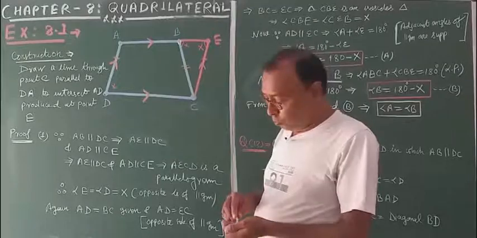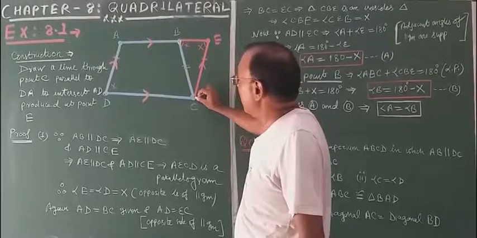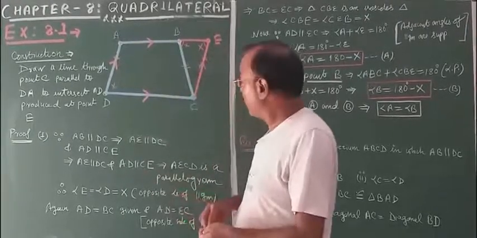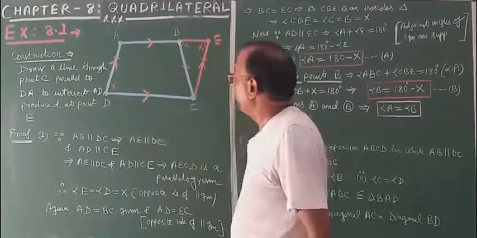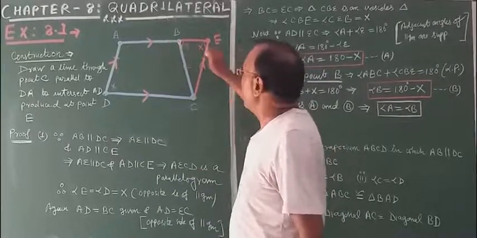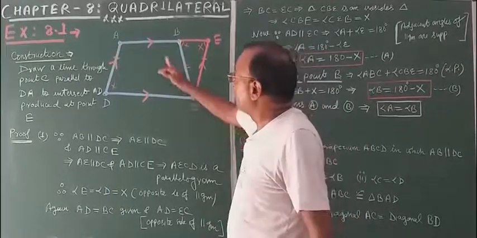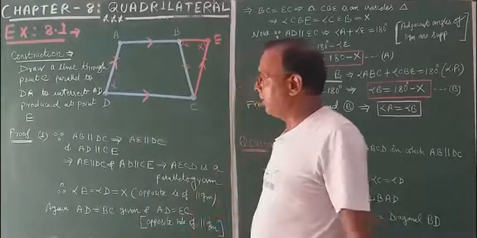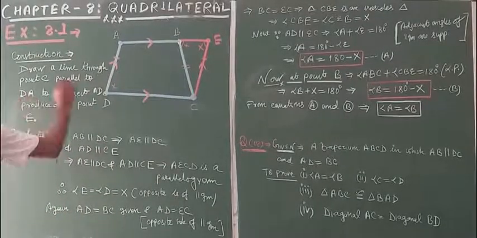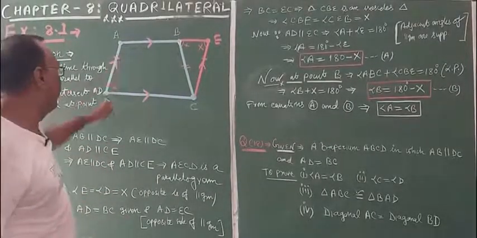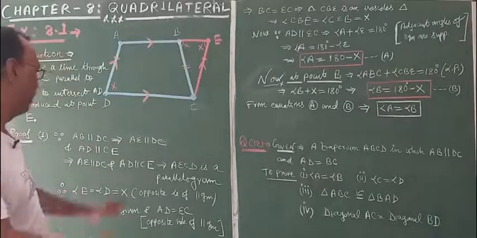Draw a line through point C. This is point C. We have drawn a line through this point C, which is parallel to DA, to intersect the produced AB at point E. Draw a line through point C parallel to DA or AD to intersect the produced AB at point E.